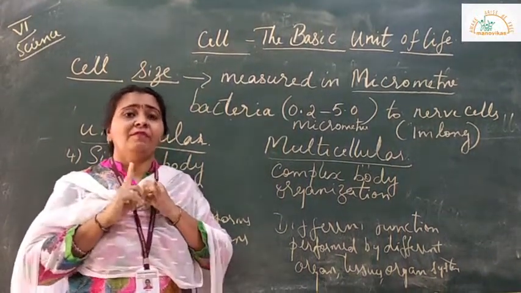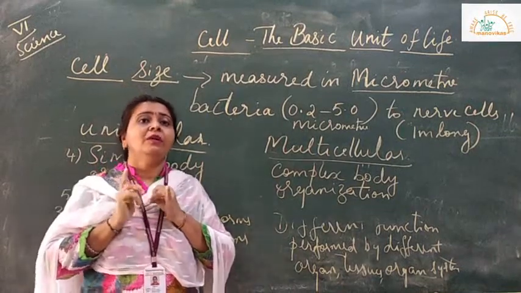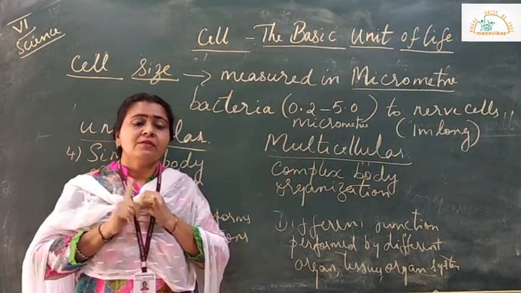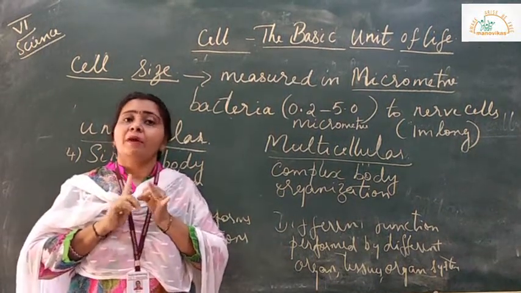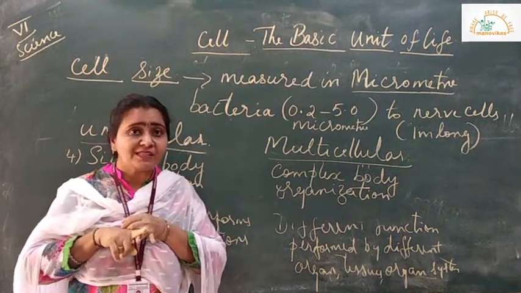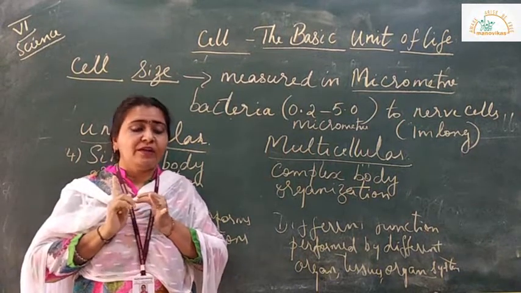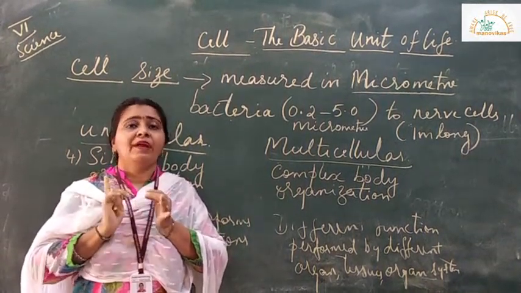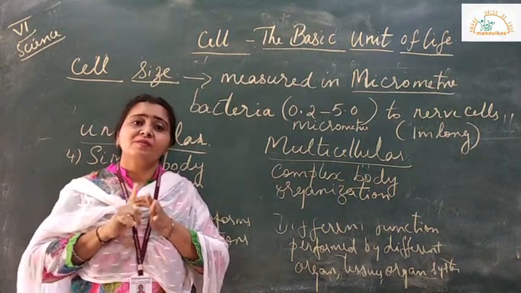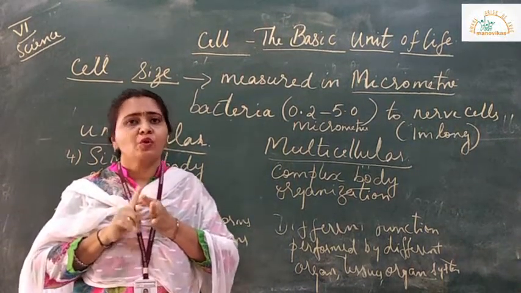I will explain once again and we'll just have a look. Children, first, in unicellular the body is made up of a single cell, in multicellular the body is made up of many cells. Second, unicellular organisms are mostly microscopic, whereas multicellular organisms are mostly macroscopic.